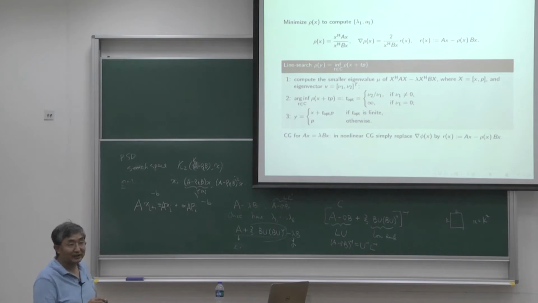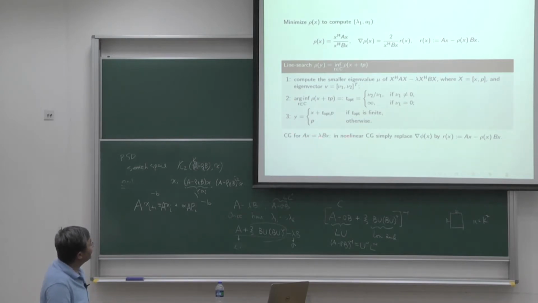Get an eigenvalue and eigenvector, and pick the smaller one because we're minimizing. Then for the possible argument, there are two choices, either infinity, if mu_1 equals 0, or if mu_1 is not 0, you have an optimal t. And then y here is either x plus t_optimal p or p, depending on whether t optimal is infinity or not.